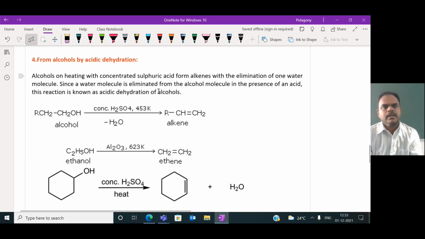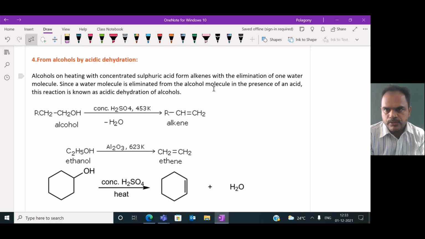When alcohols are heated with concentrated sulfuric acid, we get alkenes by the elimination of a water molecule. The water molecule is eliminated from the alcohol molecule in the presence of acid. This is known as acidic dehydration of alcohols.